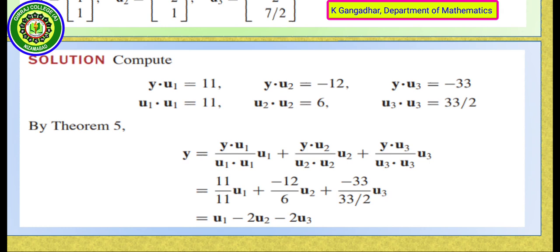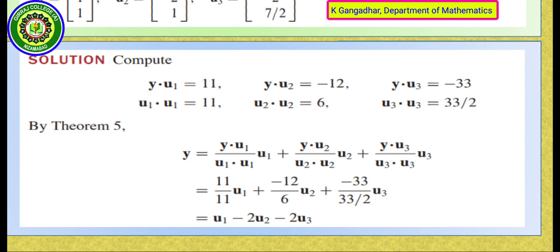So we find y dot u1, y dot u2, y dot u3, and u1 dot u1, u2 dot u2, u3 dot u3. y dot u1 equals 11, y dot u2 equals -12, y dot u3 equals -33. Next, u1 dot u1 equals 11, u2 dot u2 equals 6, u3 dot u3 equals 33 by 2.